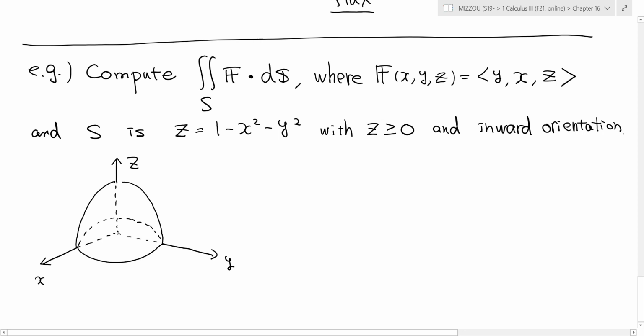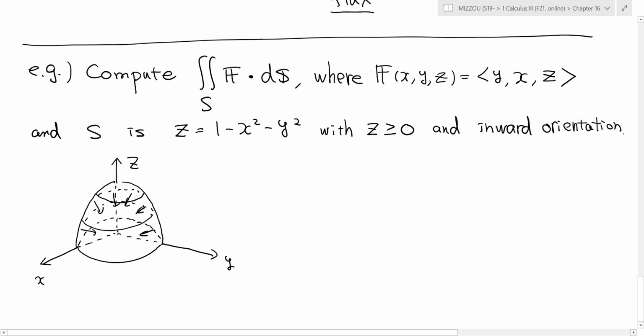And this surface is not closed, by the way. We don't include the bottom cap. It's an open surface. And the orientation is downward. So those bunch of arrows represent the orientation.